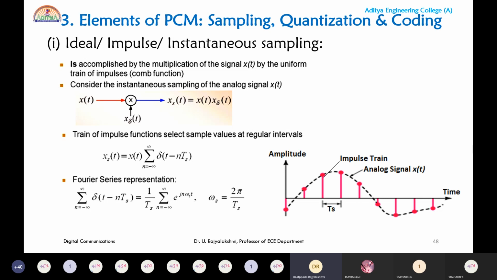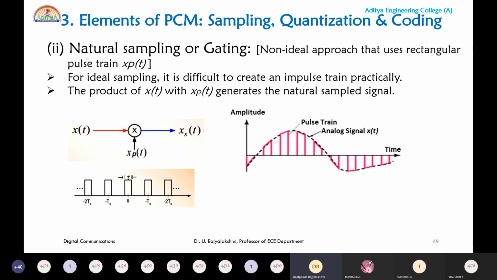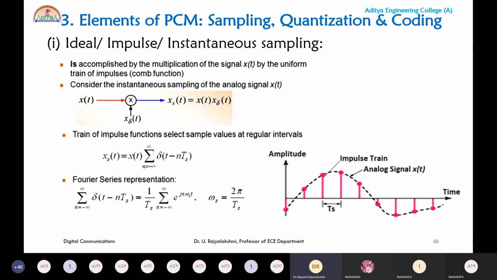The series of impulses is x delta of t. You can represent the series of impulses located at various intervals ranging from 0 to nts as del of t minus nts. So x of t into x delta of t is the summation, n equals minus infinity to plus infinity, of del of t minus nts.